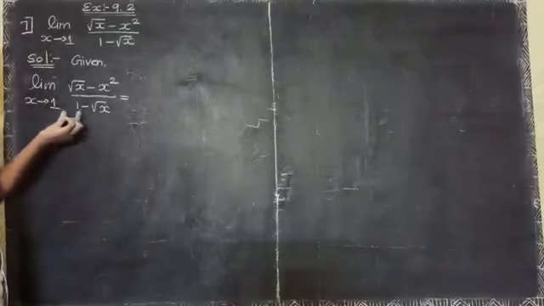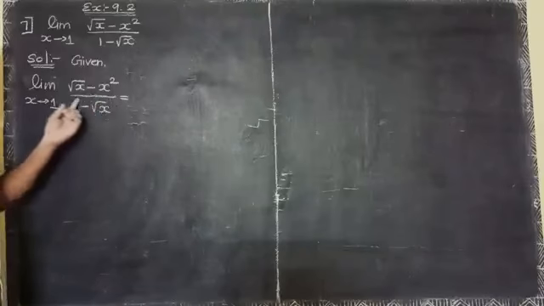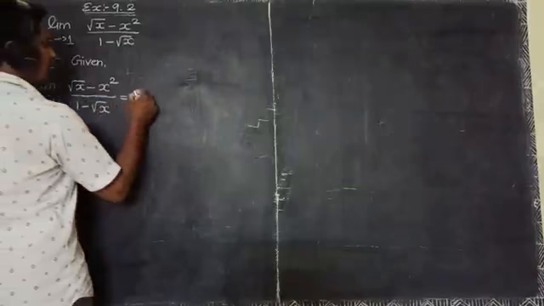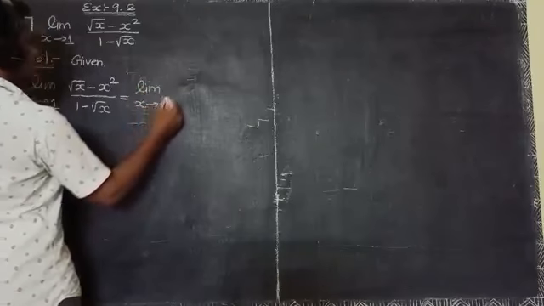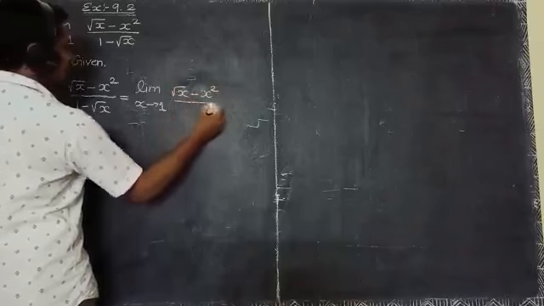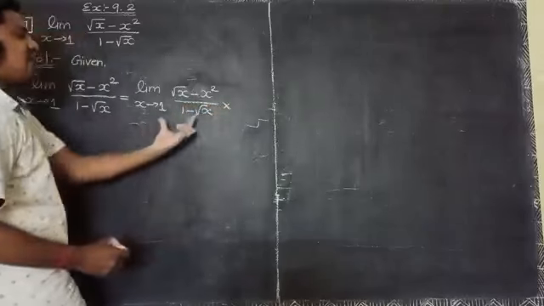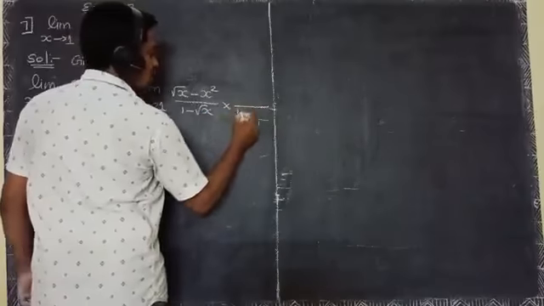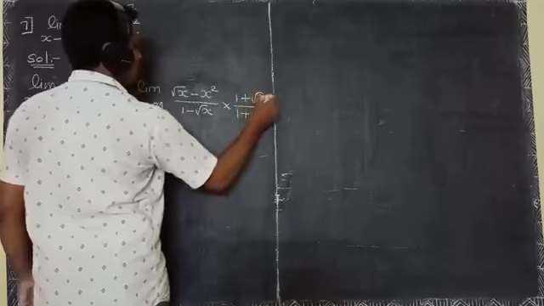Here, as x approaches 1, take the conjugate of the denominator: 1 minus root x, conjugate is 1 plus root x. Multiply the numerator by 1 plus root x as well.